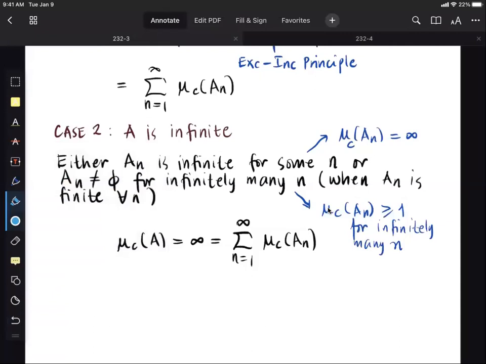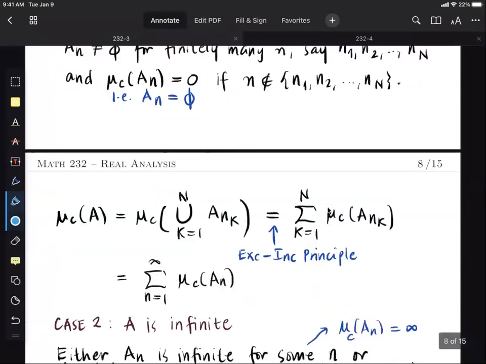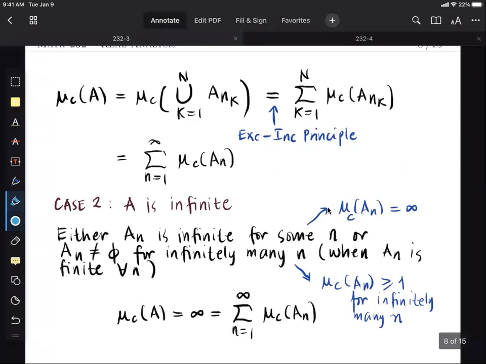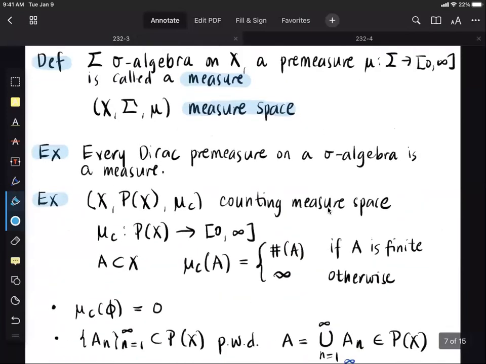So in either case, whether the union is infinite or finite, we have established that the counting measure of the union is the same as the sum of the counting measures. So indeed, mu c is a measure on the set X.